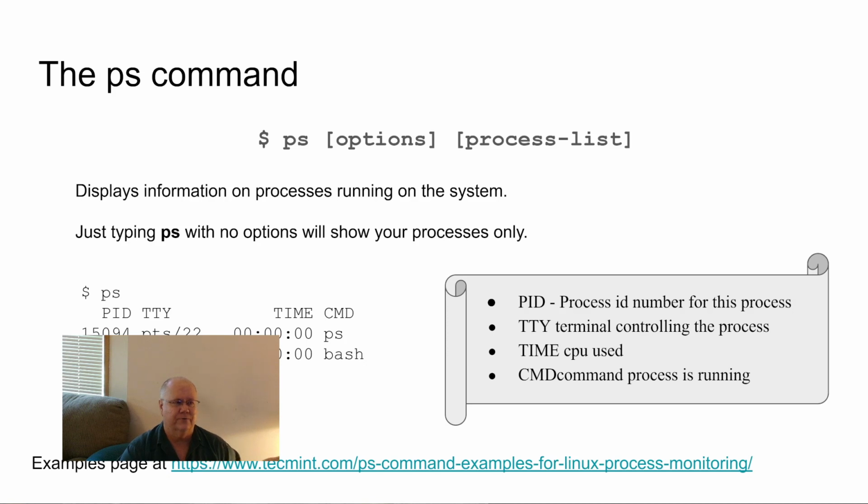We're talking about traditional Unix, and read the manual. My point is that the options are somewhat complicated and confusing because there's overlap in some of the options in the different, quote, standards that they're trying to support. So PS is kind of, the options are a mess, and it's because it's trying to be all things to all people.